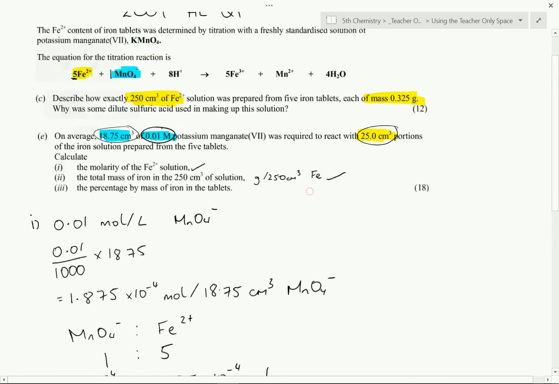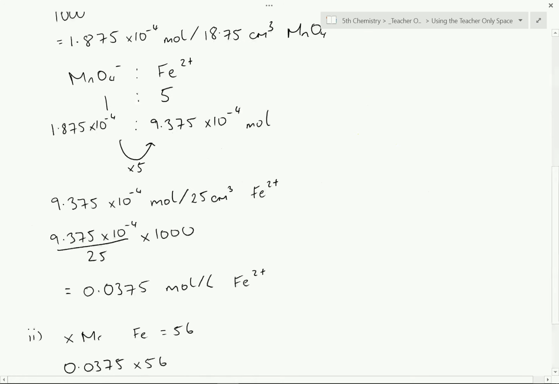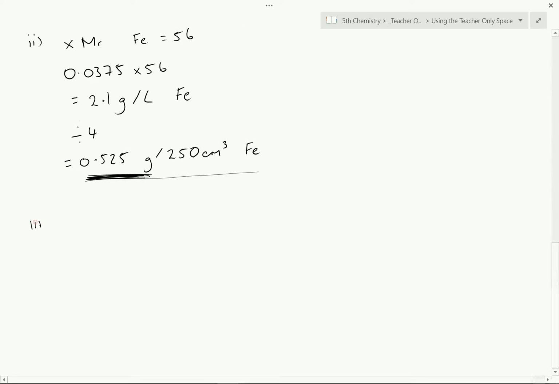And if we go up in the question, we can see that that solution was prepared from 5 tablets. So if that's the total mass of iron in the 5 tablets, to find the mass of iron in 1 tablet, I just need to divide that by 5.